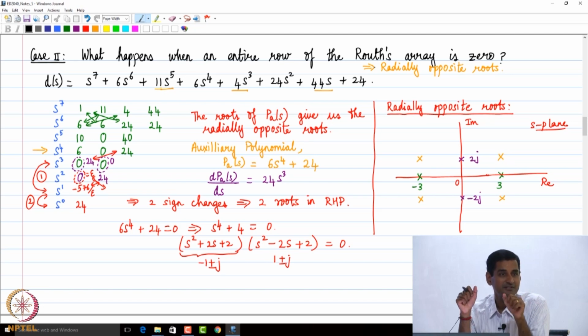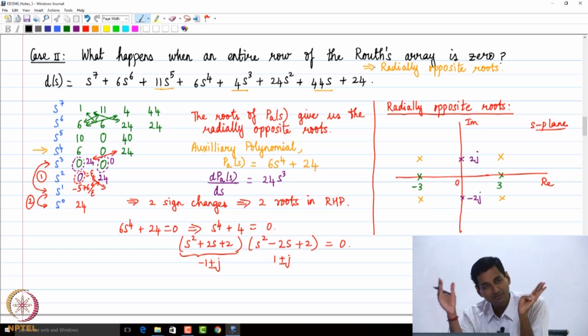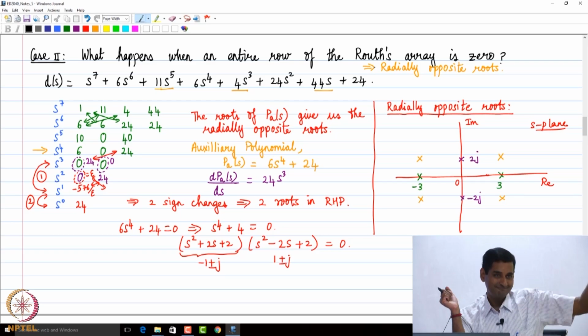The auxiliary polynomial, if you solve it, will give you the radially opposite roots. So essentially you have 4 radially opposite roots, 2 in the left half plane, 2 in the right half plane. Now there are 3 remaining roots for the original polynomial.